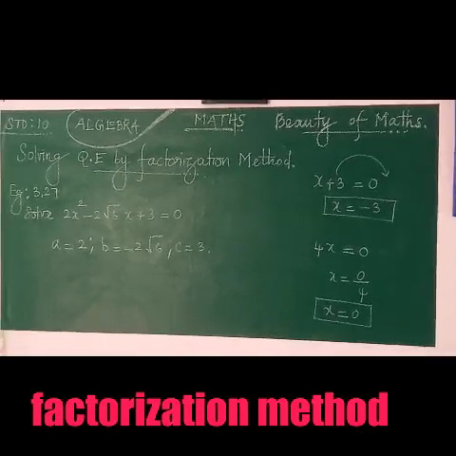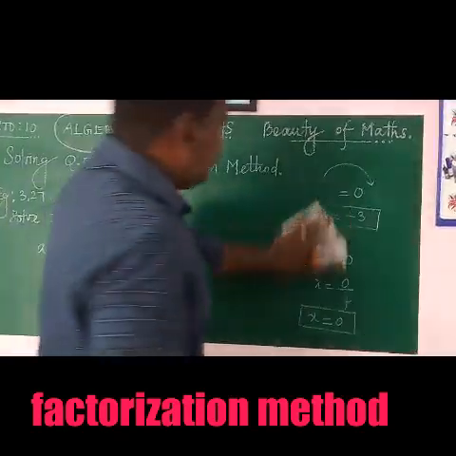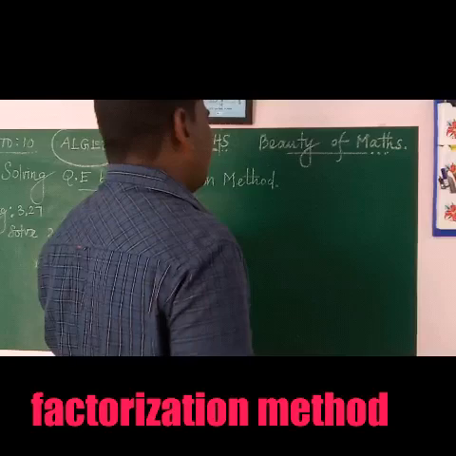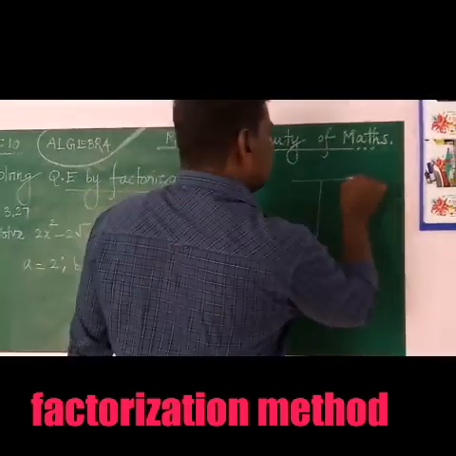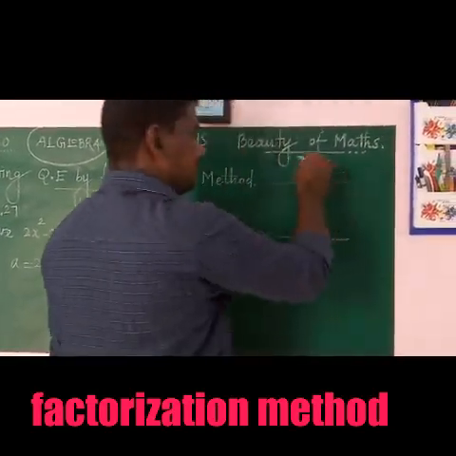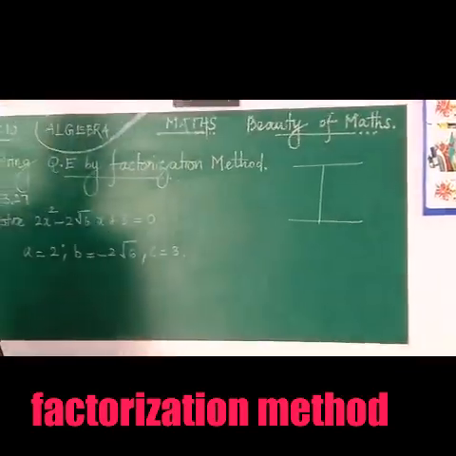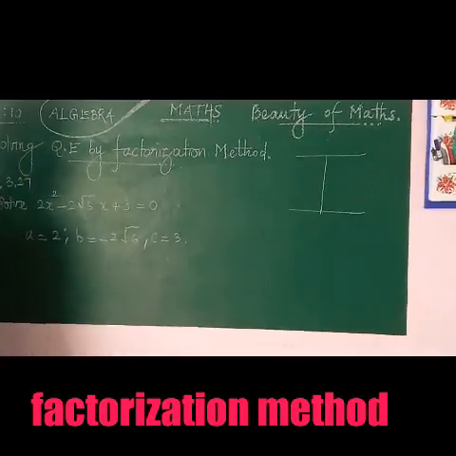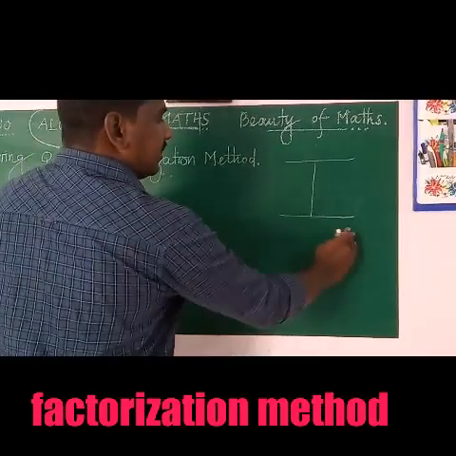Now I am using the I division method. What is the I division method? We draw like this. Here we write the product of the two roots, that is the constant term. Here we write the sum of the two roots.